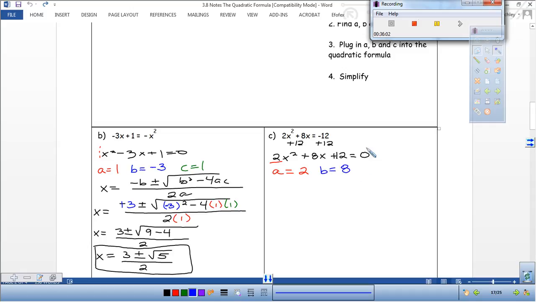In class, what's the c value? 12. Okay. That's going to give me x equals -8 plus or minus the square root.